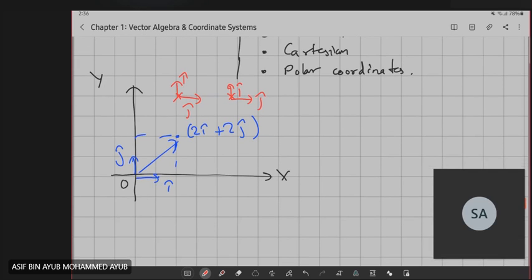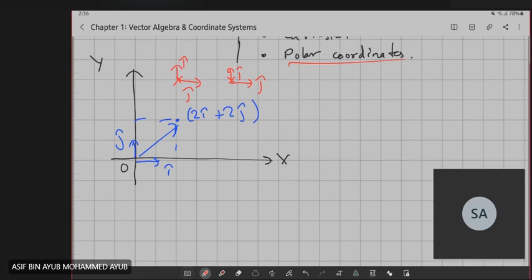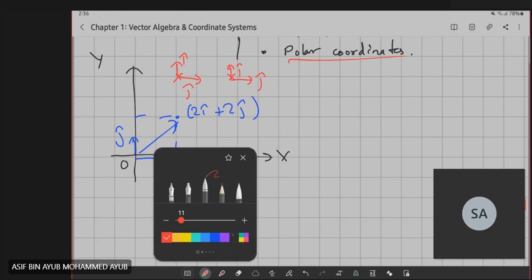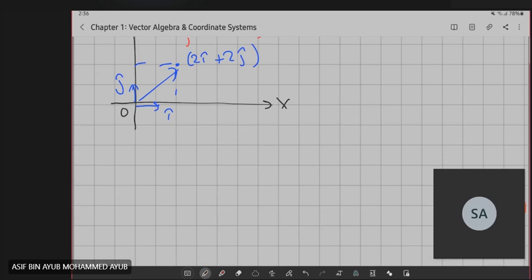In fact, if you go to the polar coordinate system, you'll see that the basis vectors change as you move around the space. So the basis itself depends on where you are. So let me try and show you that. For the polar coordinates, the variables you need to know are r and theta.